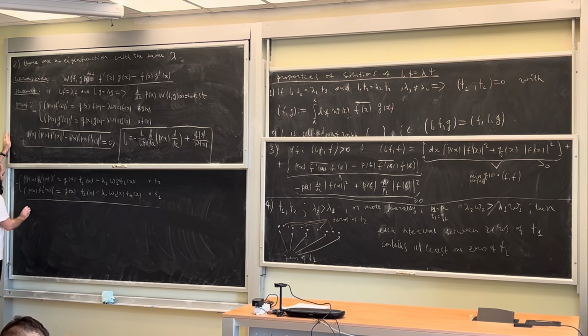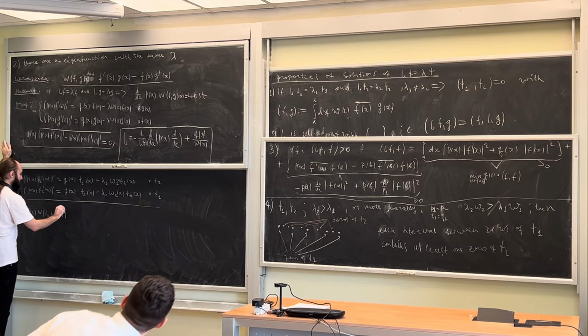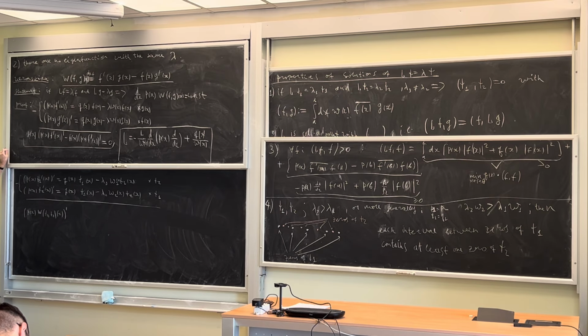It will be p of x W of psi1, psi2 of x, prime, right? This is what we already computed.